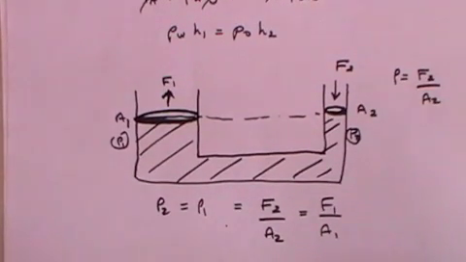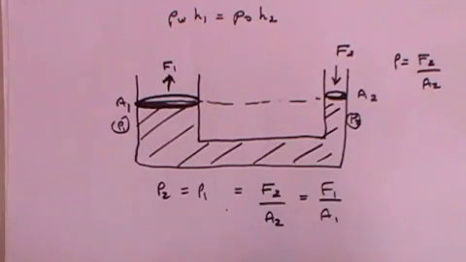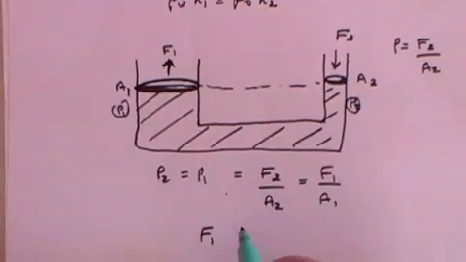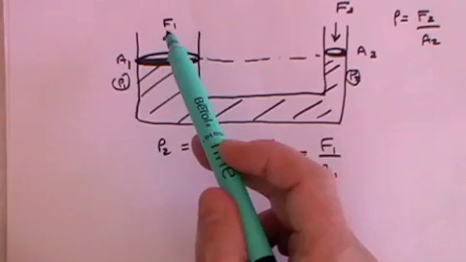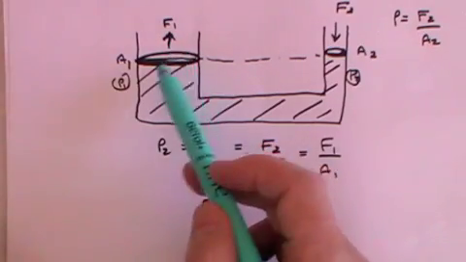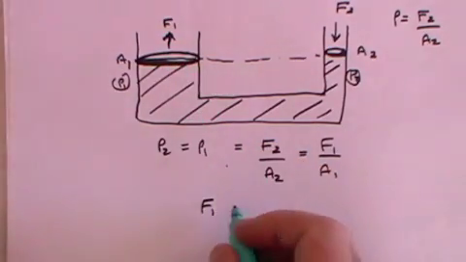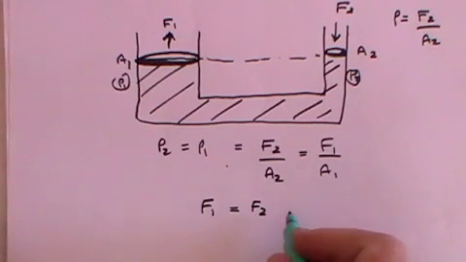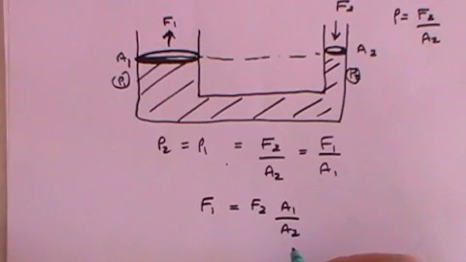And so now we have that F1, which is the force that is pushing this platform up, is equal to F2 times A1 over A2.